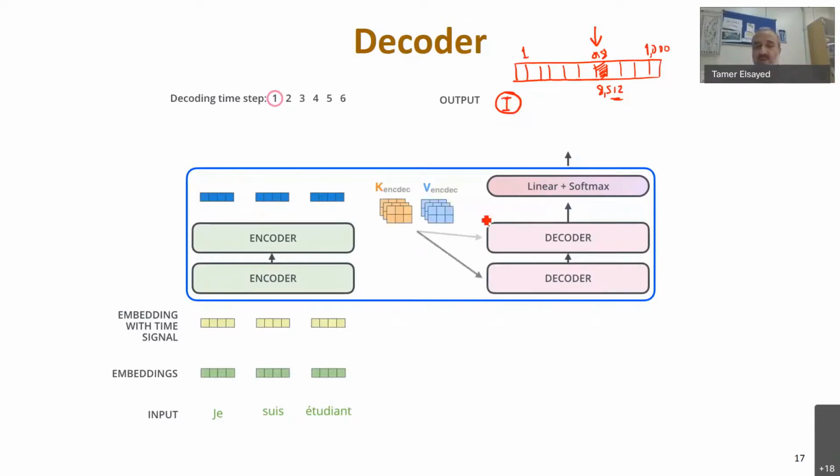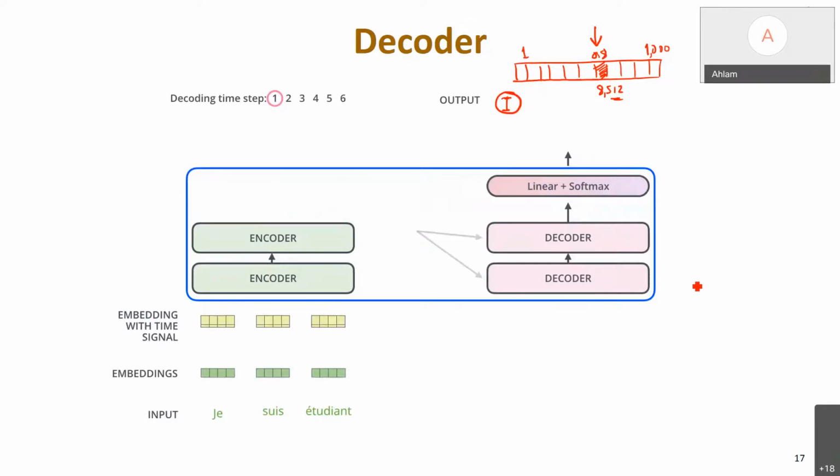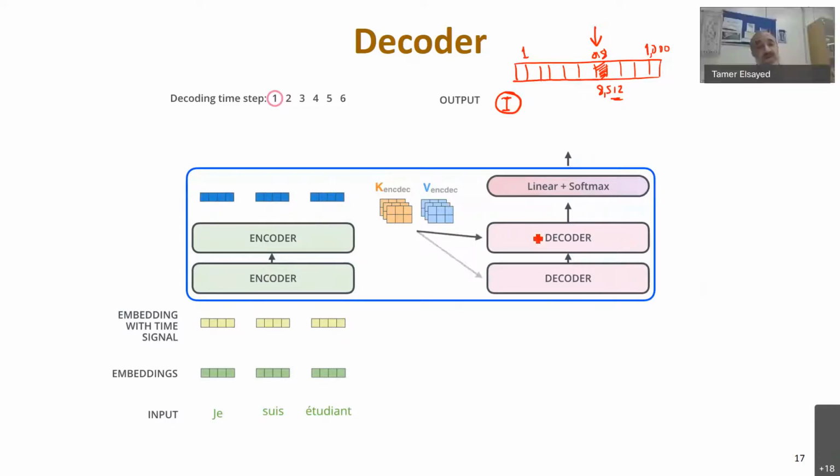Before we continue, any question on this? Doctor? Yes. You said that all the words will go simultaneously, so I expect that all the words will output simultaneously. No, this is not how the decoder works, okay?